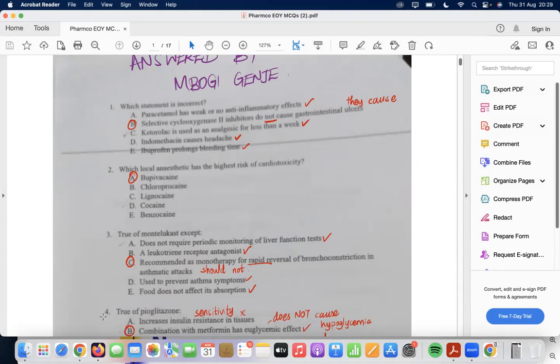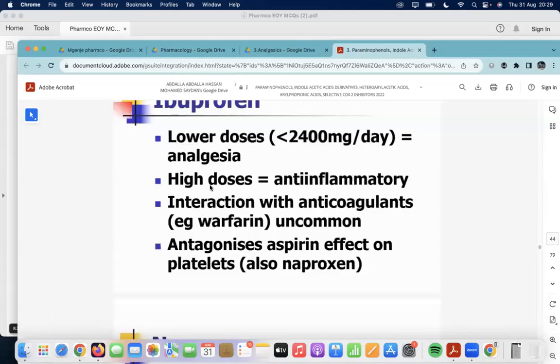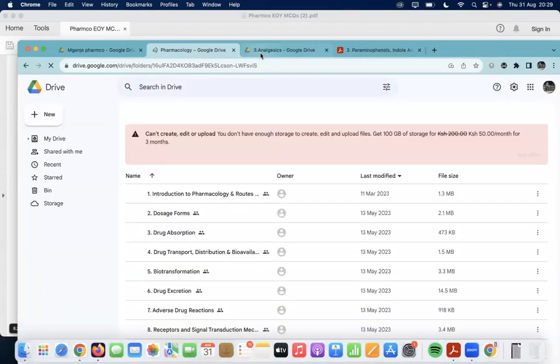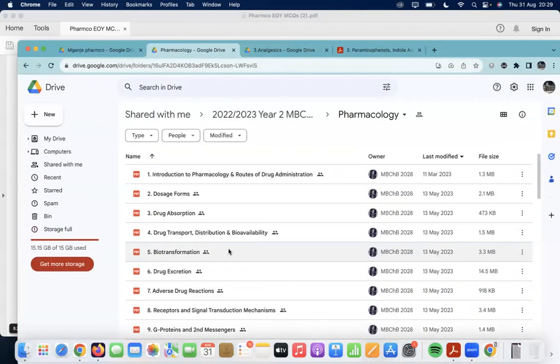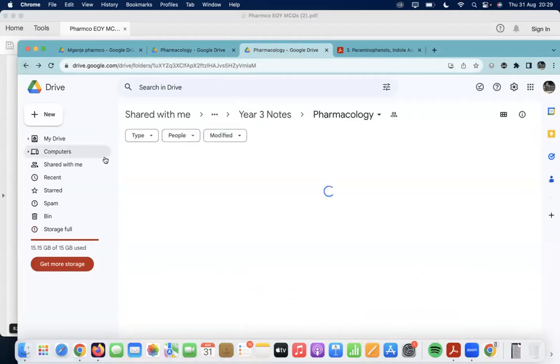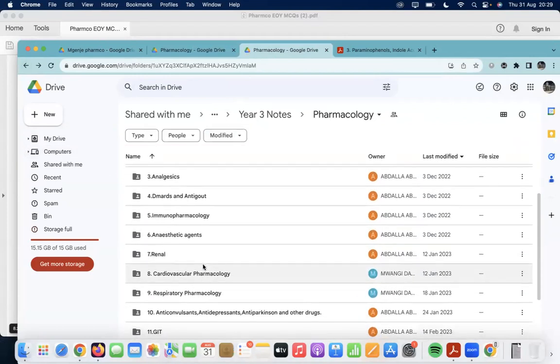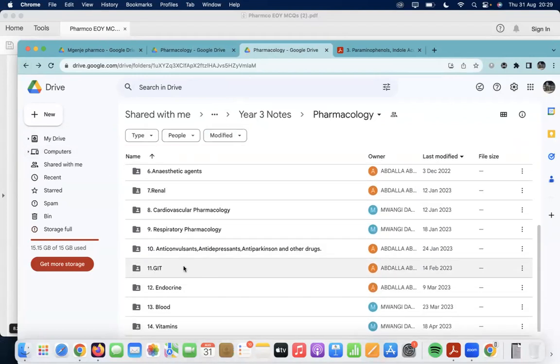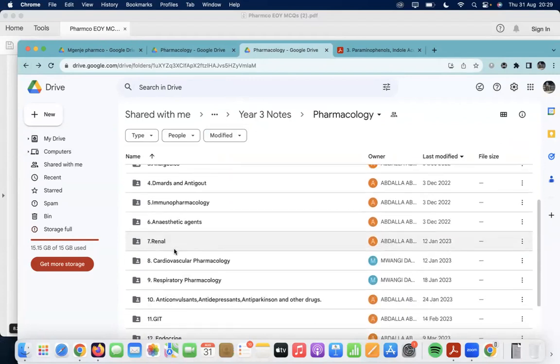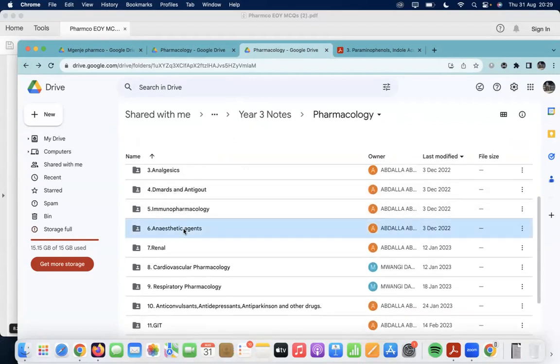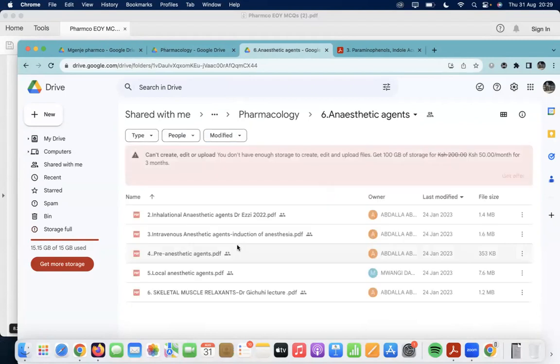Which local anesthetic has the highest risk of cardiotoxicity? The answer here is bupivacaine. It is found in the topic of local anesthetics.